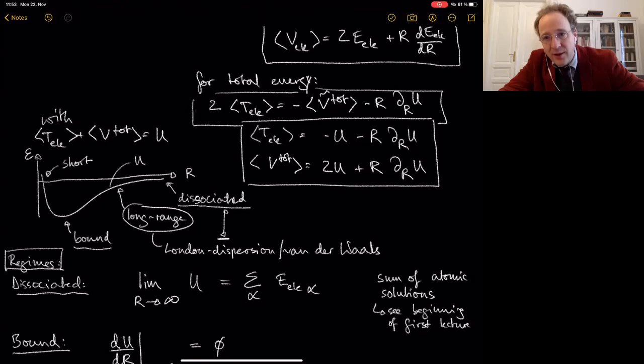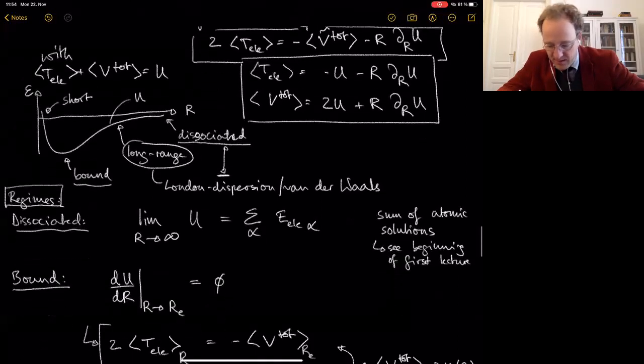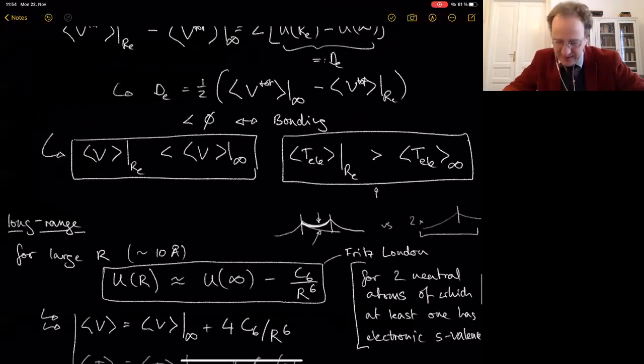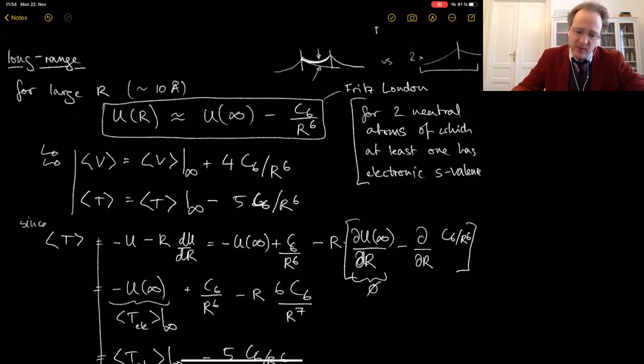But Fritz London also derived this from quantum mechanics. This is the default dissociation law in the absence of mutual polarization. So if there's no other electrostatics working, then this is the least you should expect.